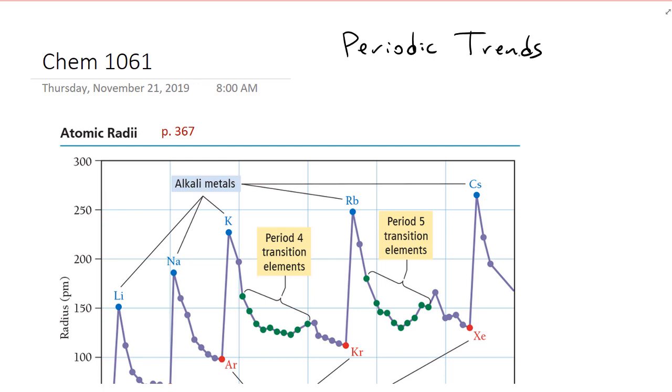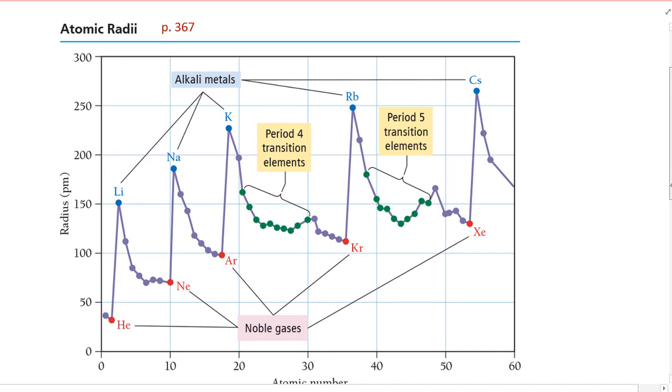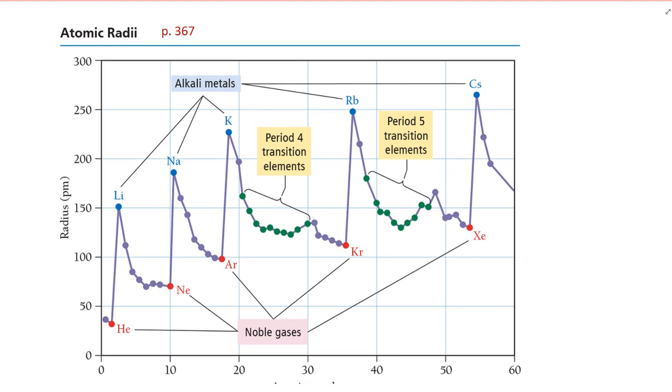So by looking at the periodic table and using only the periodic table as a resource, we should be able to determine things that are happening to things such as the ionic radius. That's one of them. I have the atomic radius up here. That's another one. We are going to be talking about ionization energies. And so not only should we be able to identify what the trends are, but we should be able to explain why the trends are the way they are.